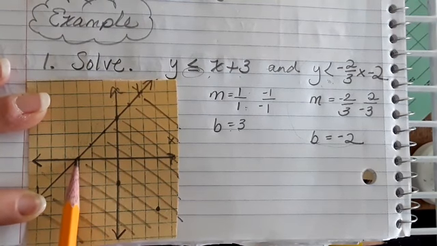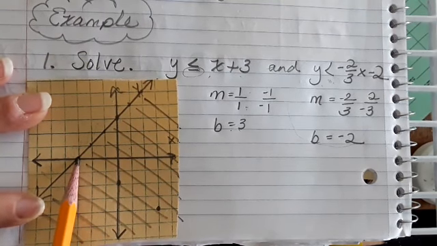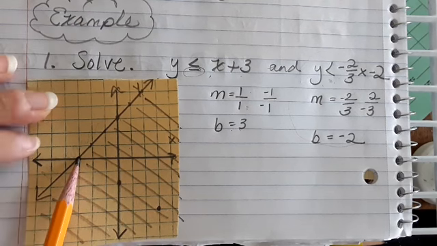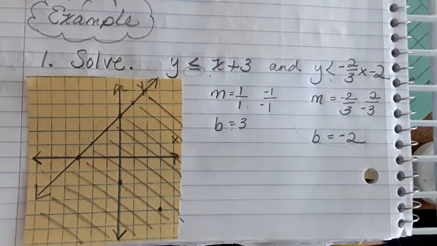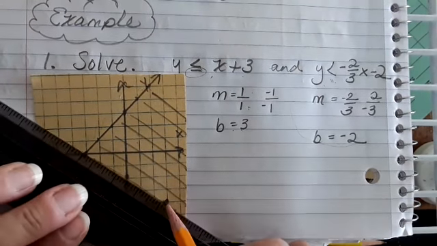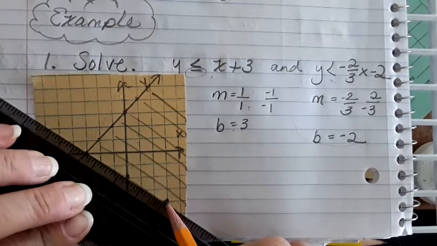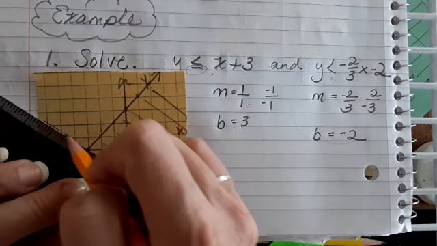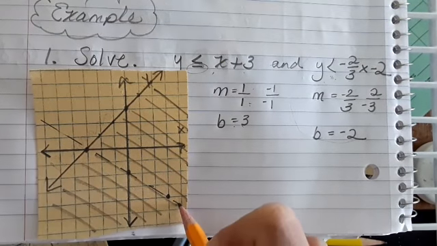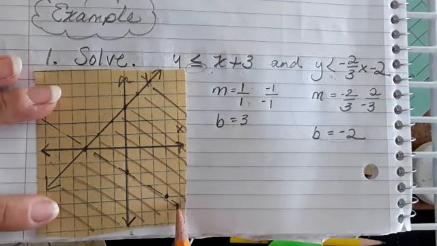Oh, notice I land right on that line. Broken line, though, this time, correct? Broken line. Dotted line. That means any point on that line is not a part of the solution for this inequality.